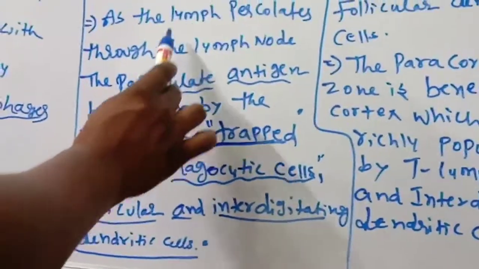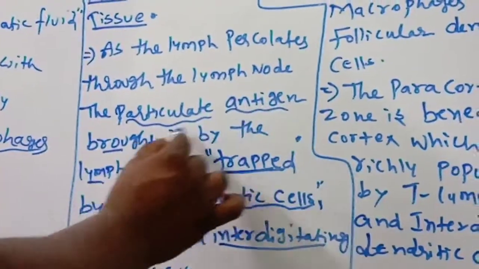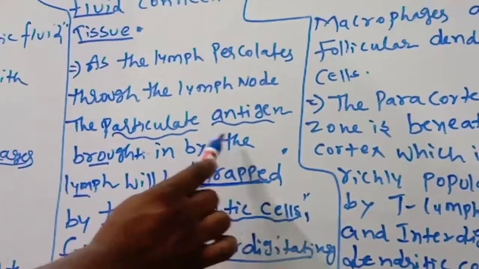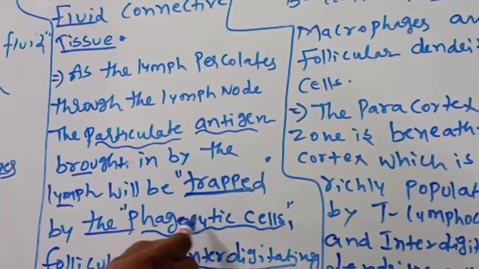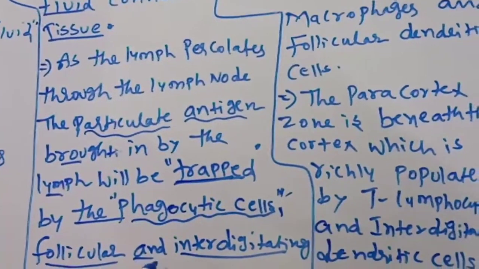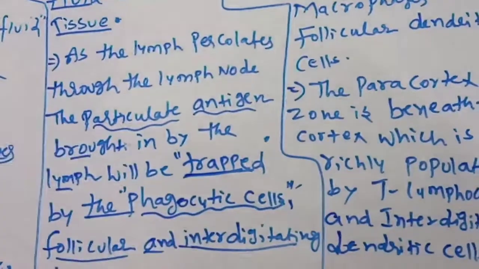Once again, as the lymph percolates through the lymph node, the particulate antigen brought in by the lymph will be trapped by the phagocytic cells and also follicular and interdigitating dendritic cells.